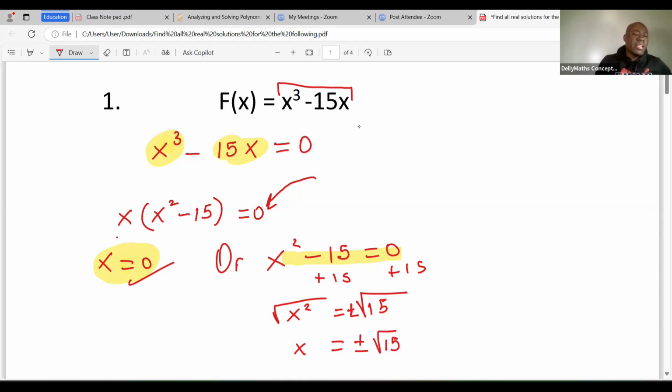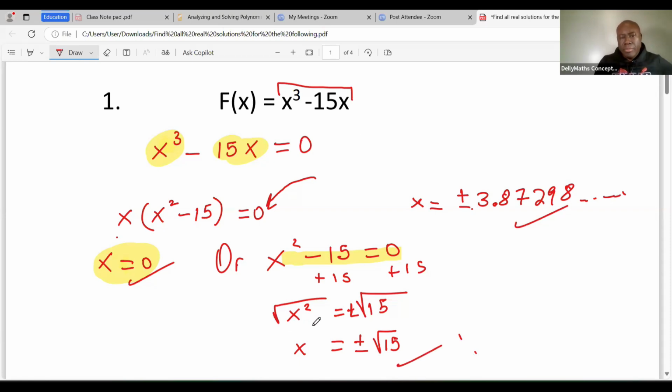And then we could break that down if we want to get an approximate value. The square root of 15 is approximately positive or negative 3.87298, and it goes on. All right, so we could leave it here or we could leave it here. So that is example 1.